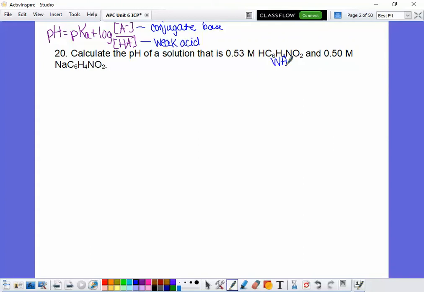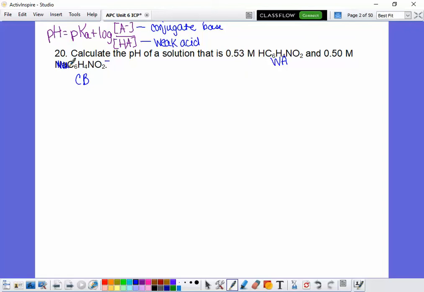And therefore my conjugate base is what? No. What's the conjugate base? C6H4NO2 is not correct because you have to have a charge. Negative. So we get rid of the Na.